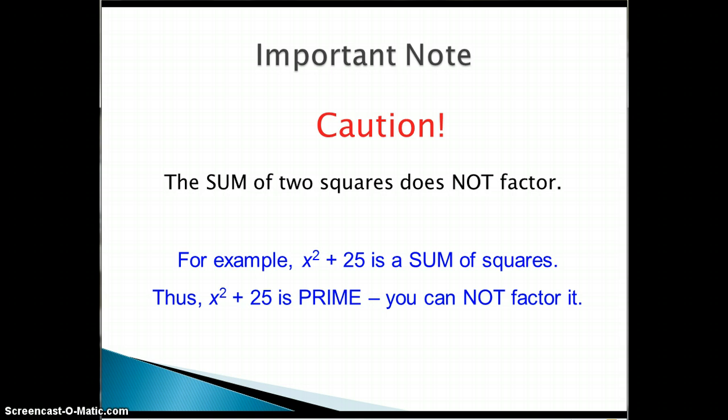So x squared plus 25 is prime. You cannot factor it. You can try every combination you can think of, but you'll never get it to multiply back out to x squared plus 25. So just be very careful to pay attention to the signs in between those two perfect squares.